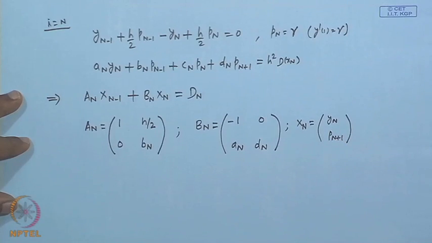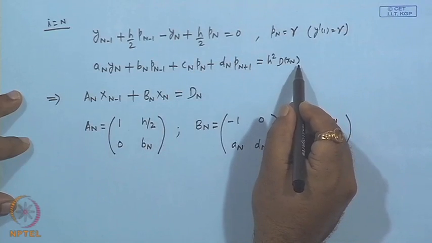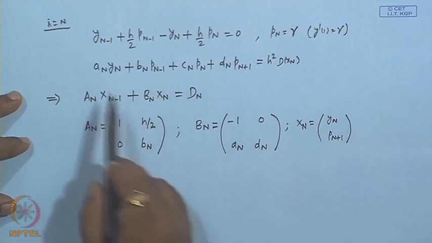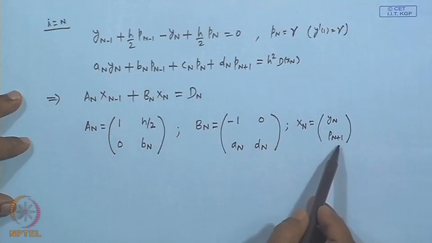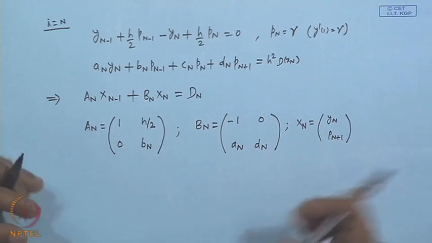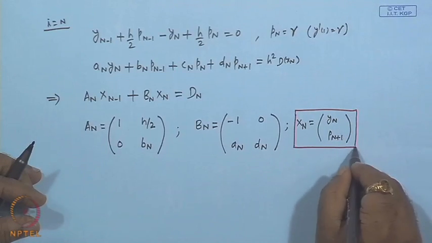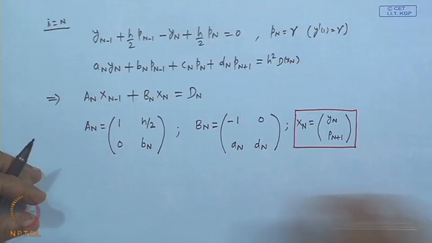Okay. Because this is known to us. So, we push it to this side. Okay. So, therefore, unknowns are y n and p n plus 1, that is. So, it is a small adjustment. So, you make a note of this, because its symmetry is lost.